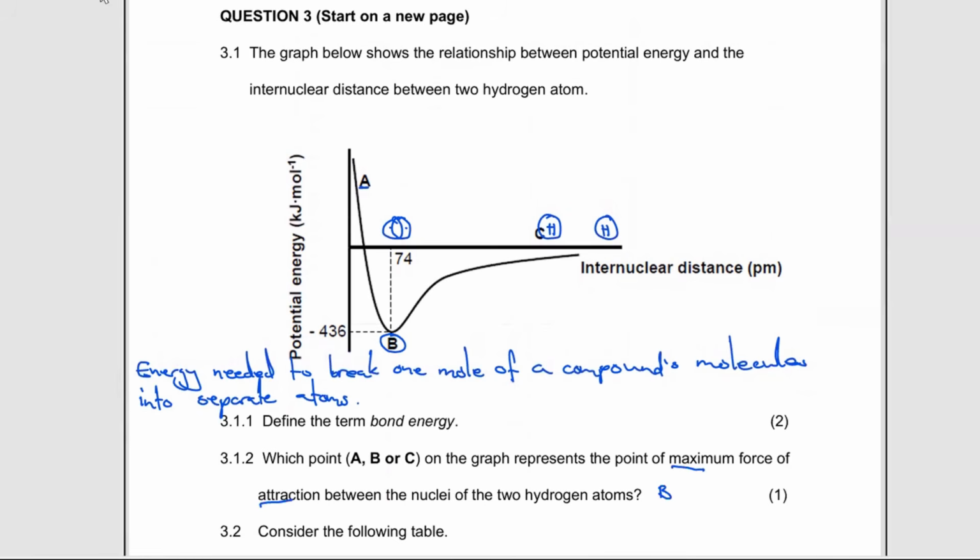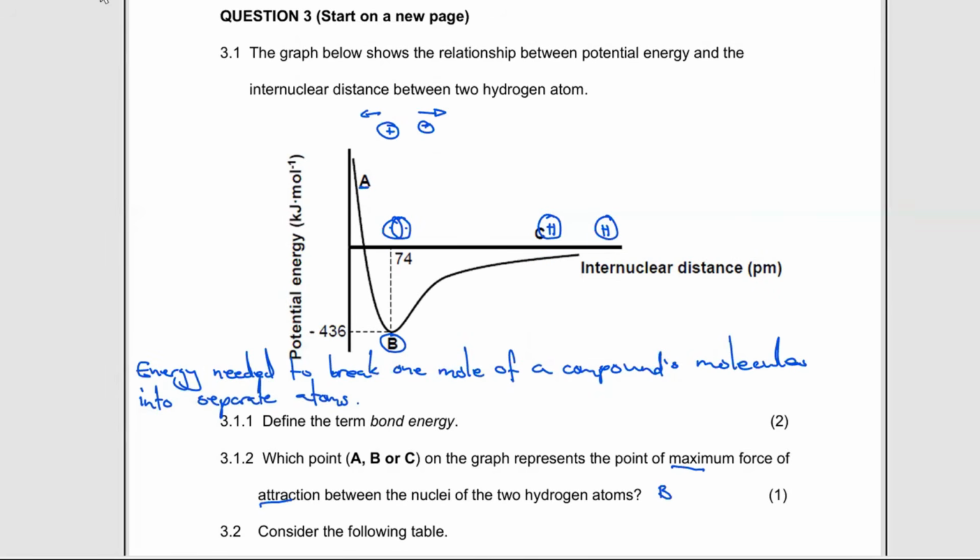As it goes up to A, they are too close for comfort, and now there is repulsion. Remember, the nucleus of an atom is positive, and the other is also positive, so if they are too close, they are going to repel each other.